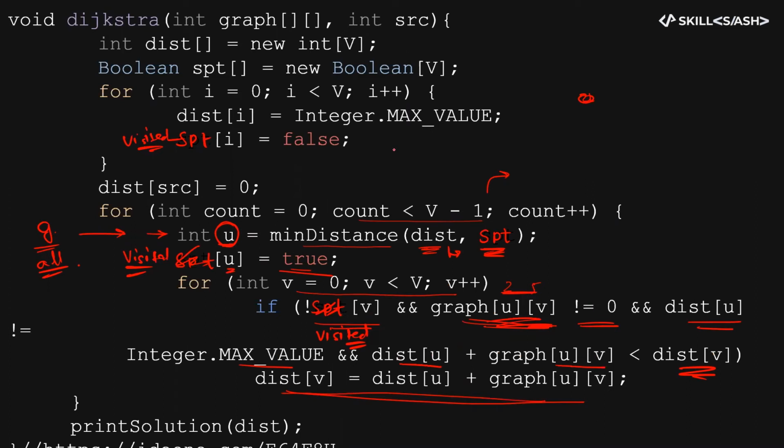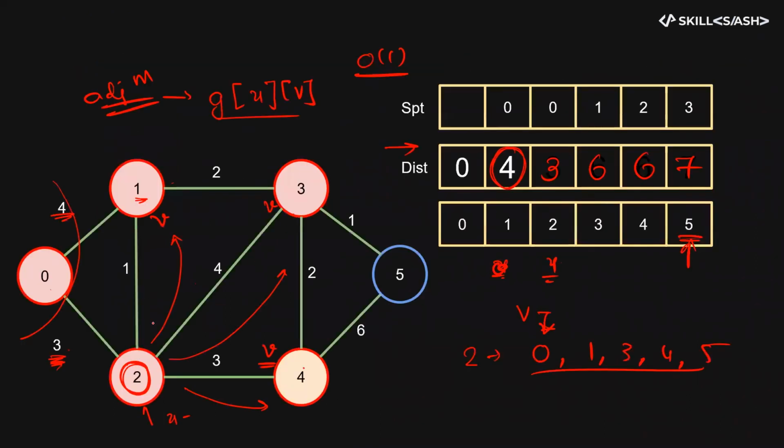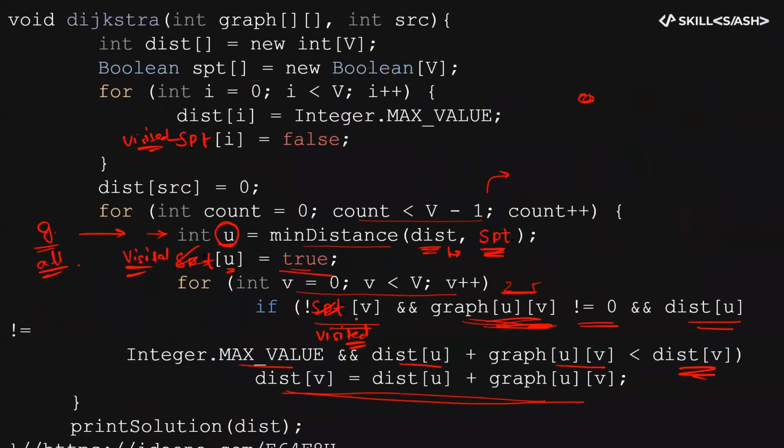So all the conditions I have written into one case: from 2 to wherever we are going, let's say 2 to 0, it's already visited, do not consider it. Whatever the new distance I'm finding from 2 to 1, if it is not minimum or lesser than the already kept distance, all those conditions we have kept in that.